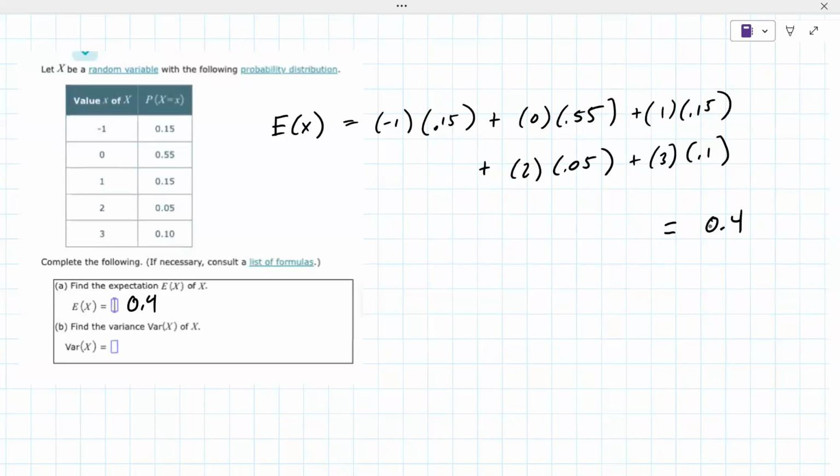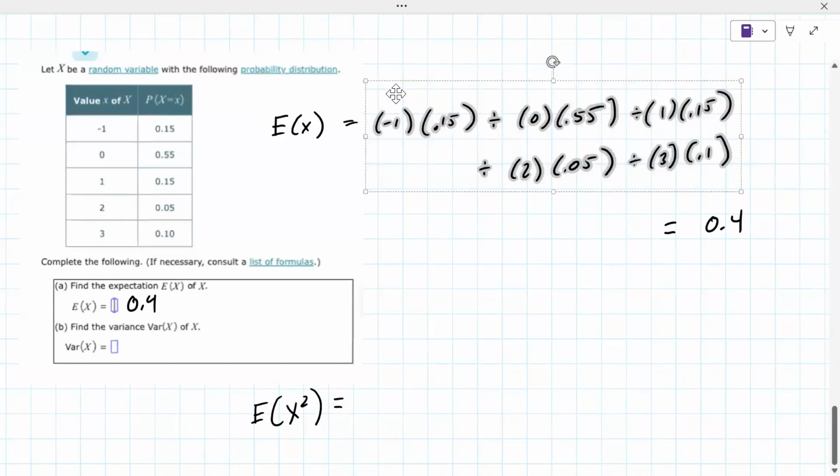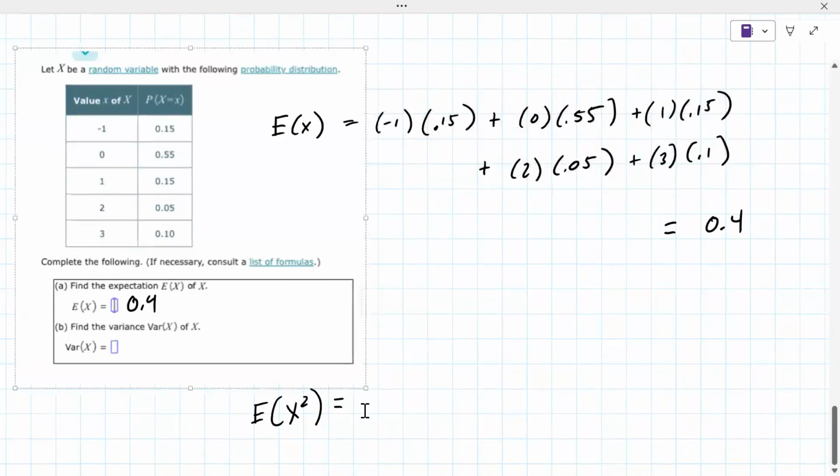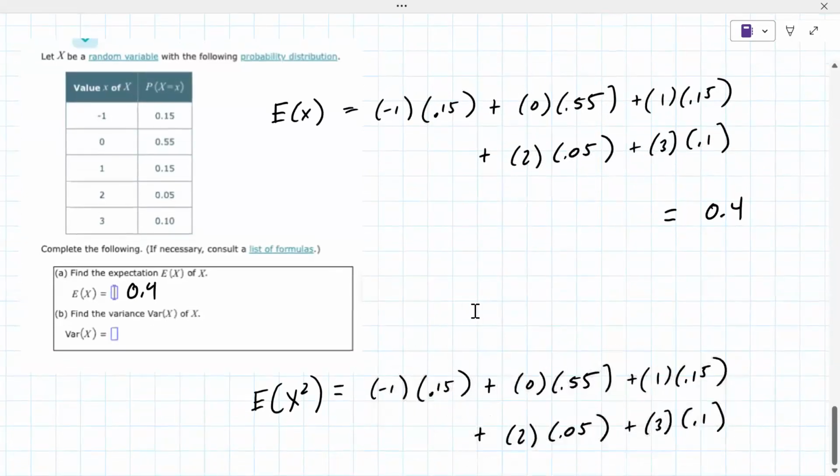To do the second box, you have to do a really similar calculation. It's called the expected value of what's called X squared. And it's really similar to what I just did, except this time you square the X values. So you square all the X values first and then multiply.